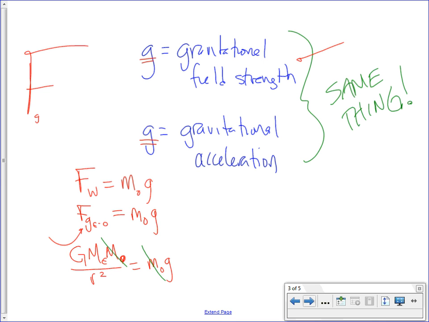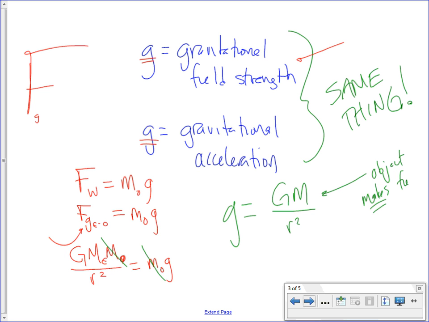Mass of the object divides out of both sides, and we get that g anywhere is equal to G times M over r squared, where M is the object that makes a gravitational field, and r is what?